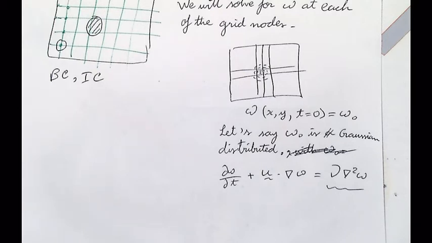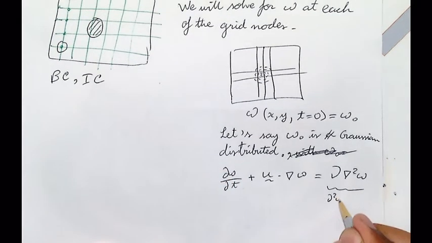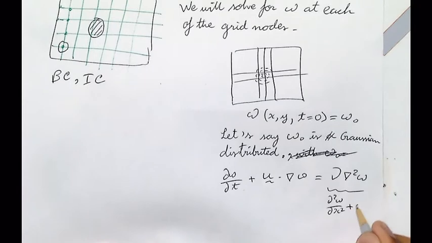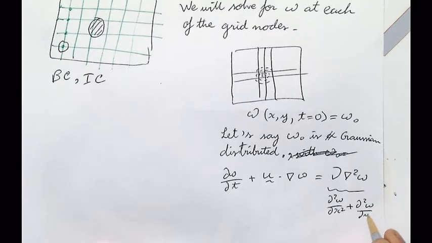Go ahead. Just like we did for the momentum equation. Yes, so we have an i, j, n in the grid, right? So we can write the second derivative as d2 omega over dx squared plus d2 omega over dy squared.